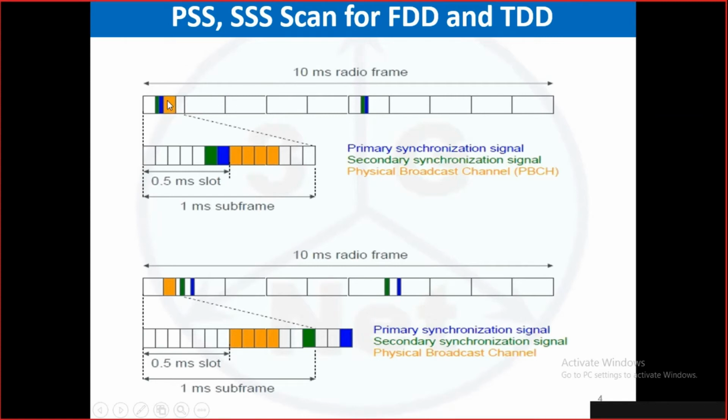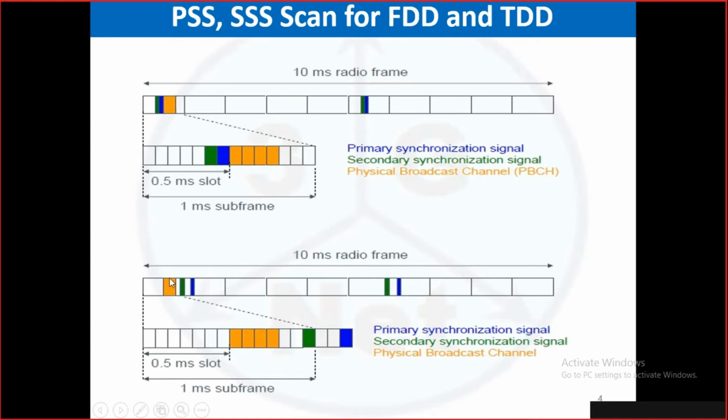And this master information block is spread across 4 symbols. In normal, there are a total of 14 symbols. Out of that, 4 symbols of the 0th subframe of every frame you will get. So this is the picture of FDD timing and this is the picture of TDD timing.